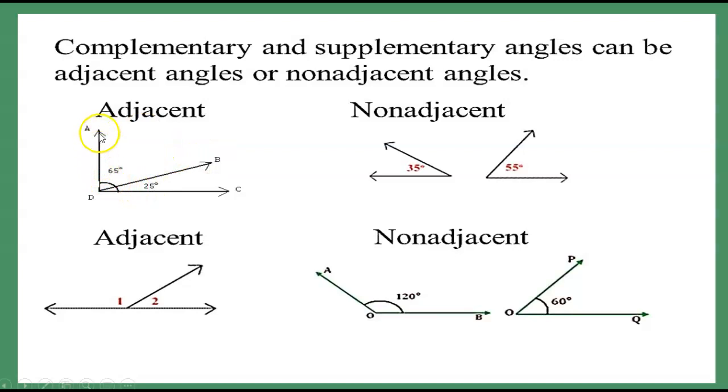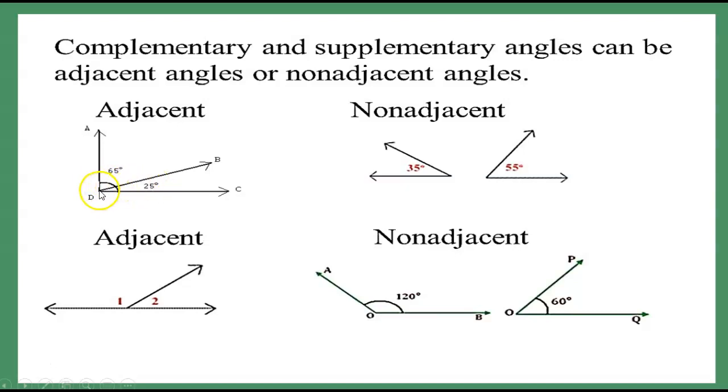Keep in mind that complementary and supplementary angles can be either adjacent, which means they are side by side, like angle ADB is 65 and angle BDC is 25. If you add their measures up, you get 90, so they are complementary.